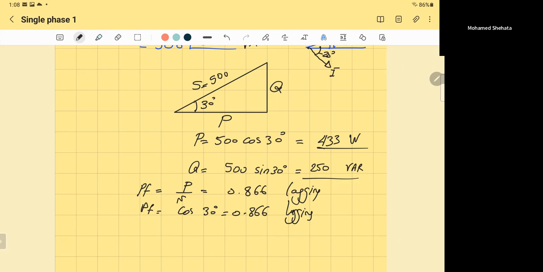So I mentioned the angle, the sign, the value of the sign, and whether it's between current and voltage or the power triangle. So you got to be aware which one I'm asking about, because both are opposite.